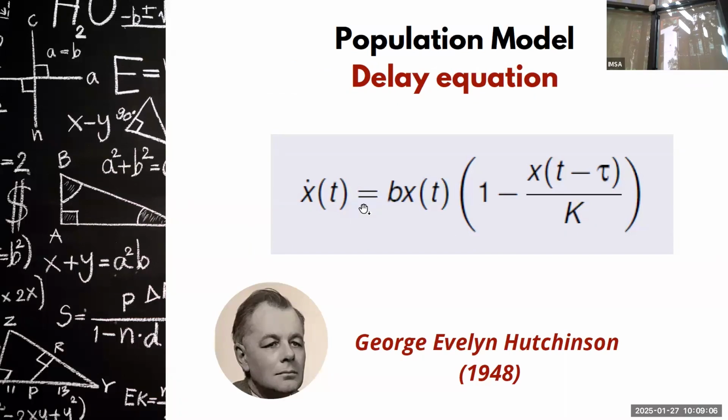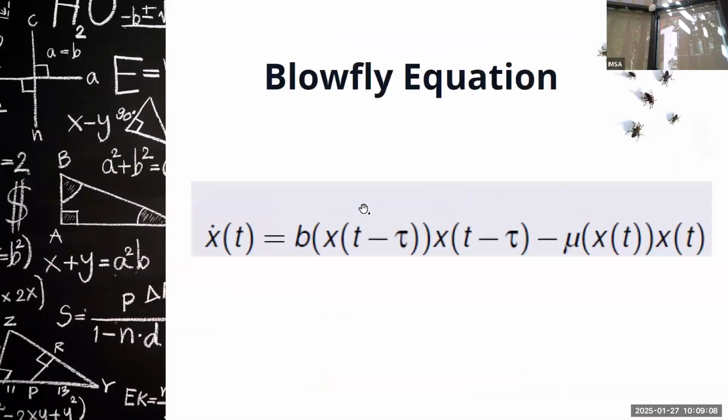So they realized that, and then they improved the model that was proposed by Hutchinson. Since they made a lot of experiments with a blowfly population, this equation is called the Nicholson blowfly equation. So here we now have the delay in the correct part.